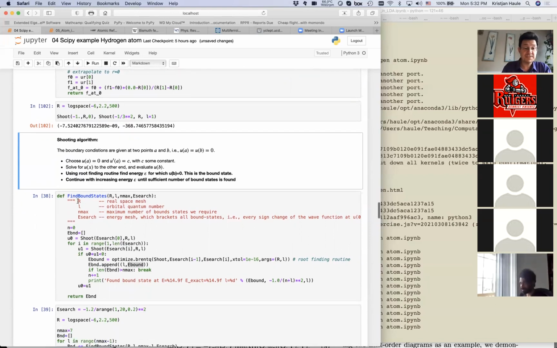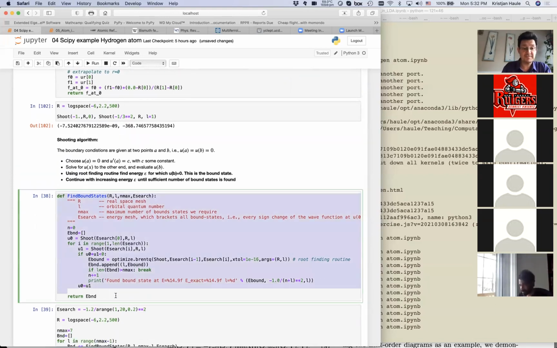Okay, so this little routine here, find bound states, is implementing exactly that. So we are going to have some mesh, which I'm calling e-search. Now, how exactly does this mesh look? Well, we're going to play with it a little bit. In different parts of the code, we're going to use a slightly different mesh.